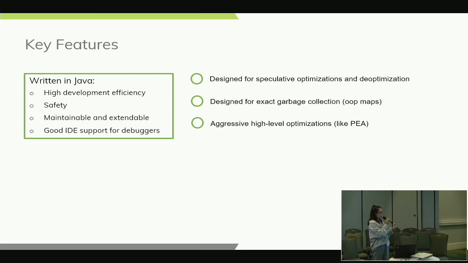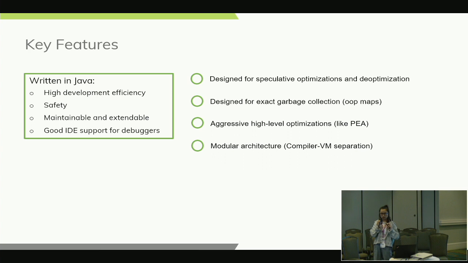And then Graal has many aggressive high-level optimizations. All these optimizations are applied to the high-level nodes. They can use the control flow information and can be applied multiple times, like partial escape analysis. And then Graal has a modular architecture, unlike the C2 compiler, so it is easier for developers to add or remove their own optimization phases.